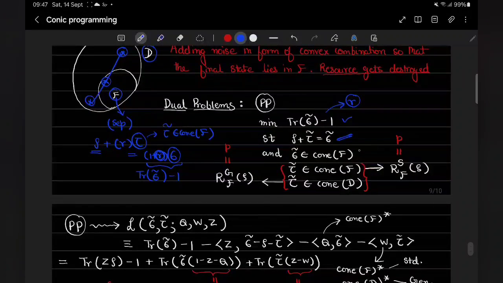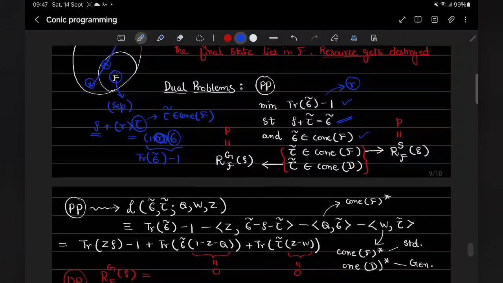So this means that my sigma tilde belongs to cone F, and my tau tilde now either belongs to cone F or belongs to cone D. If I am talking about generalized robustness, I want to make it cone D because I am adding the noise.